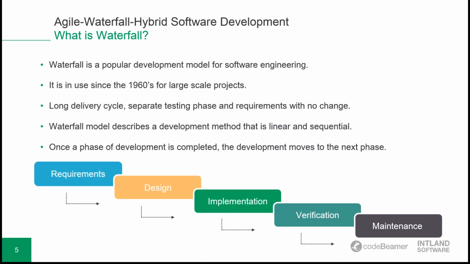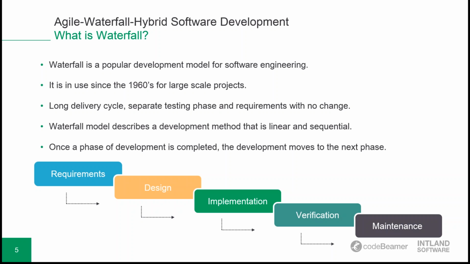But let's talk about why we are here today: Agile Waterfall Hybrid. So let's start with what we should know about Waterfall. Waterfall, or the V model, is widely accepted as being the first comprehensive design methodology. The Waterfall method comes from manufacturing and construction, and it has been in use since the 1960s, mainly for large projects.